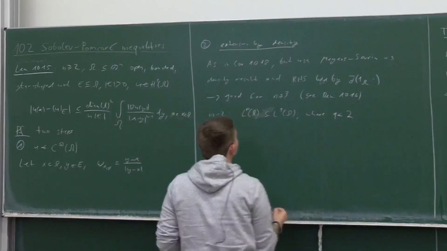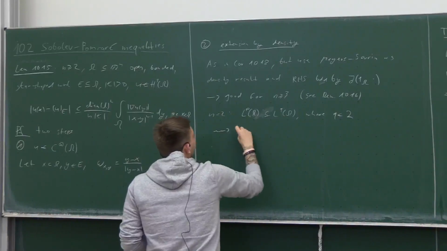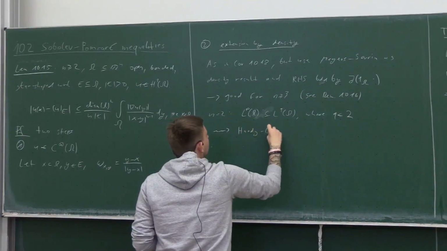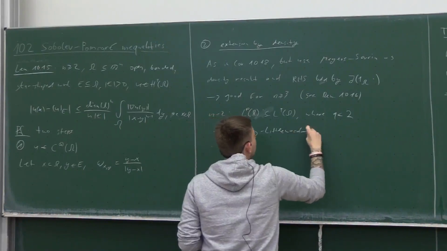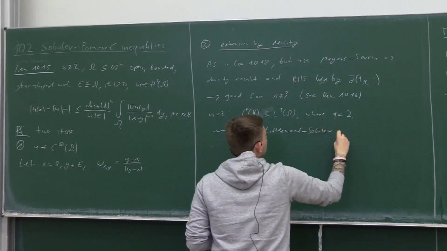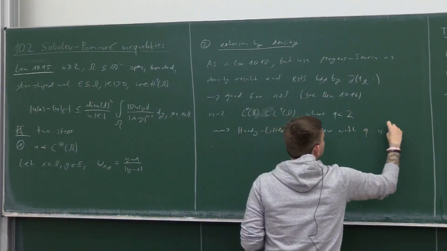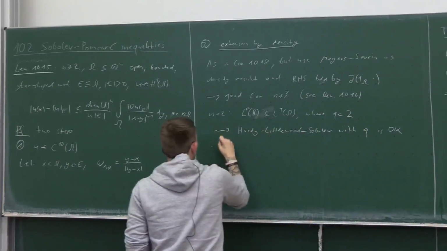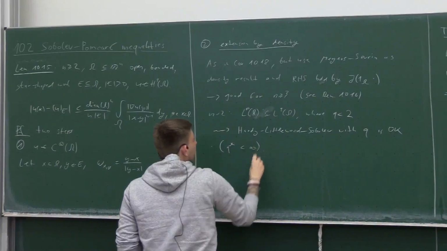Okay, so we use this embedding and then Hardy-Littlewood-Sobolev, with q being okay, since q upper star is finite.